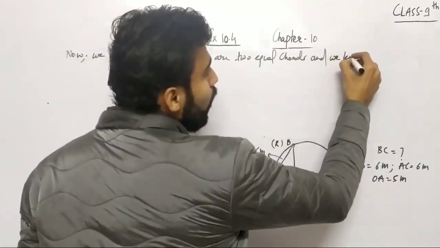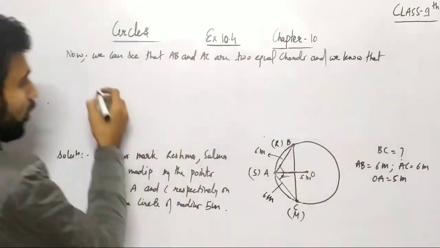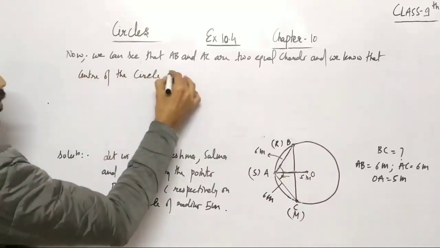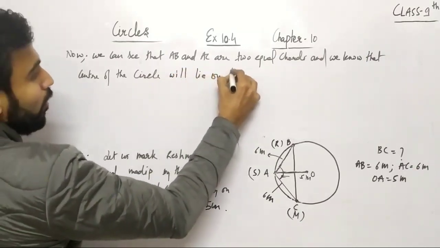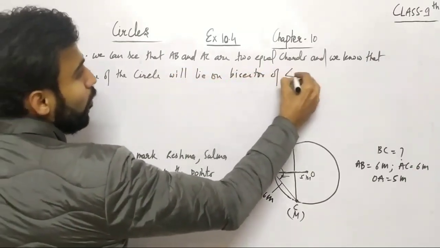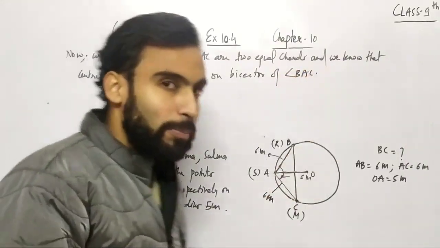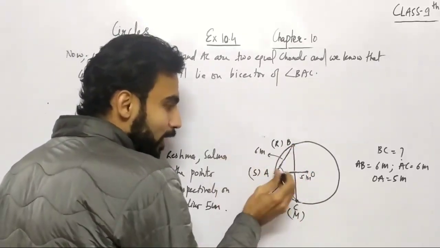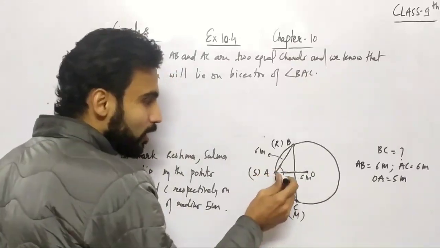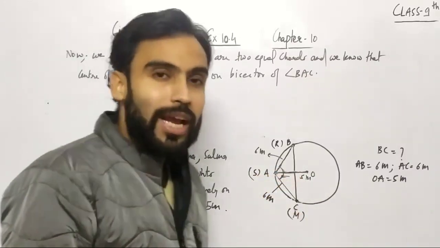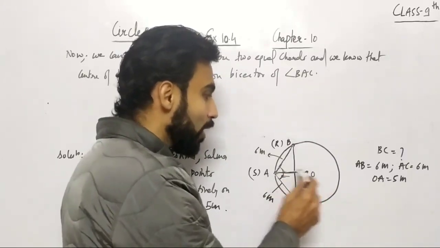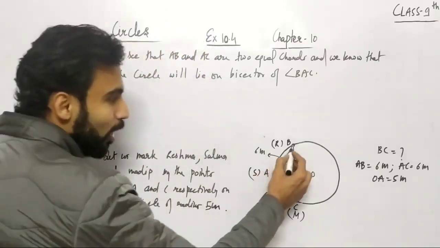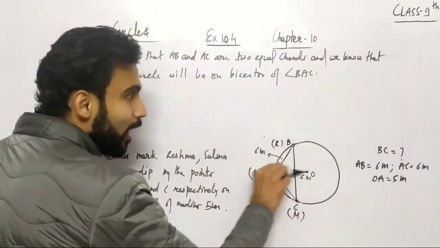So we know that the center of the circle will lie on the bisector of angle BAC. सो ये एक प्रूवन थिंग है कि जब भी हम दो इक्वल लेंथ की साइड के टॉप वर्टेक्स से एक लाइन ड्रॉ करते हैं, सो दैट इज द बाइसेक्टर ऑफ दैट एंगल, एंड द सेंटर ऑफ द सर्कल इज लाइंग ऑन दैट बाइसेक्टर ऑफ दैट एंगल, राइट? सो यहां पे दैट मीन्स कि ये जो एंगल BAC है इसका ये OA क्या है, बाइसेक्टर, राइट?